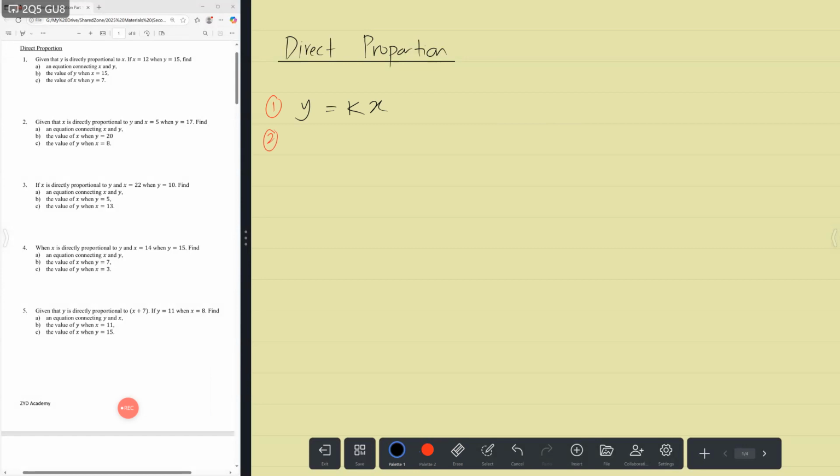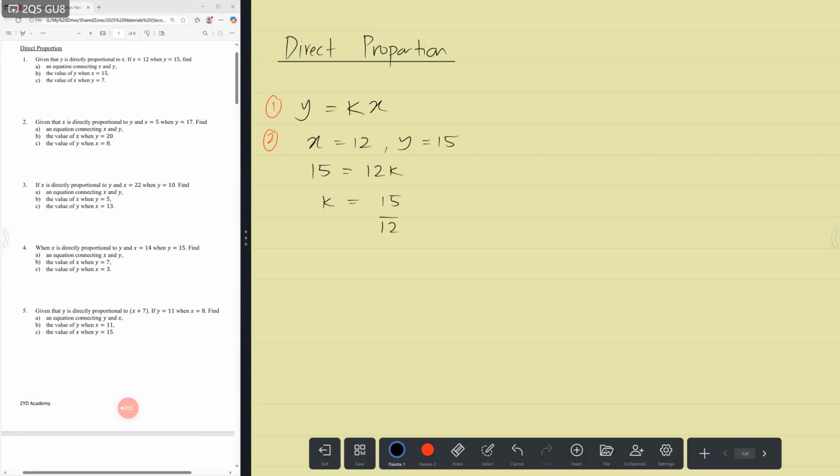Secondly, they tell you x equals 12 and y equals 15. This is the second piece of information. You don't have to write this down, but this is what you have next. What you do with these two values is substitute into the general equation in part 1. Your objective is to find the value of k, which means 15 equals 12k, and therefore k equals 15 over 12.